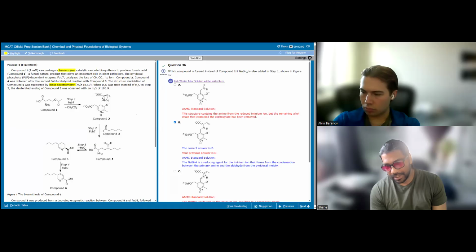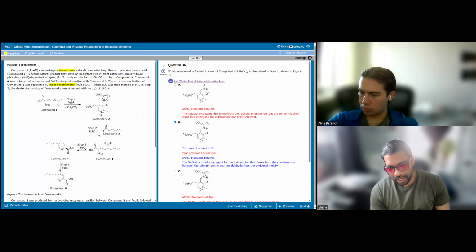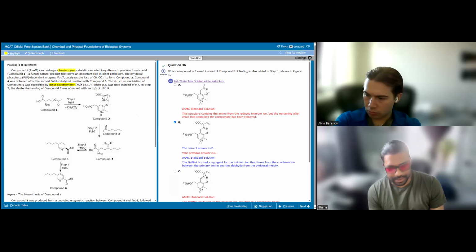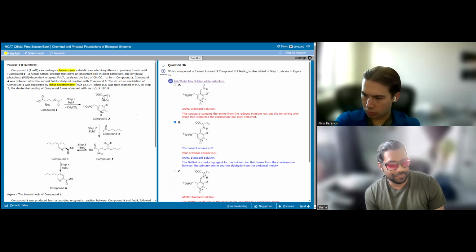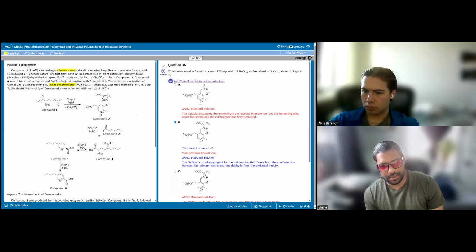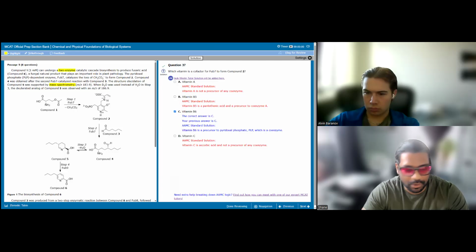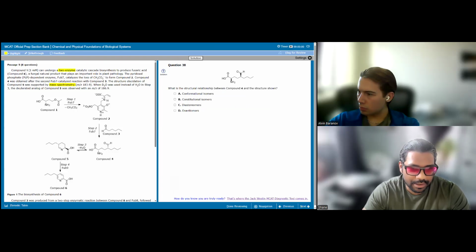But they do not reduce alkenes. It's a different reaction, because they won't reduce it, but they will get rid of the double bond.